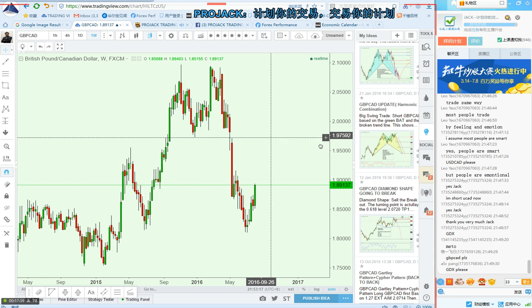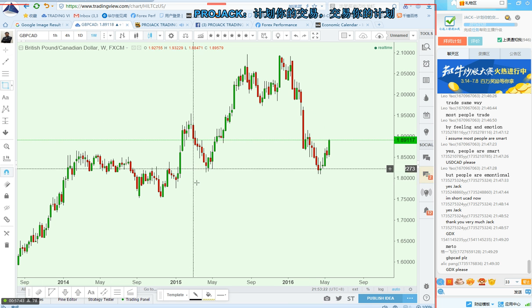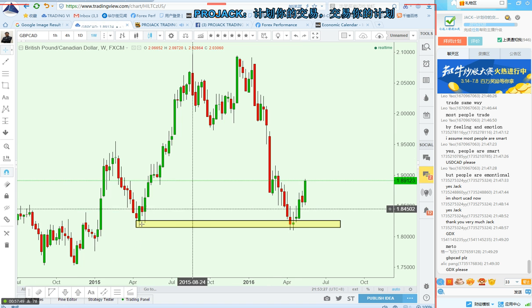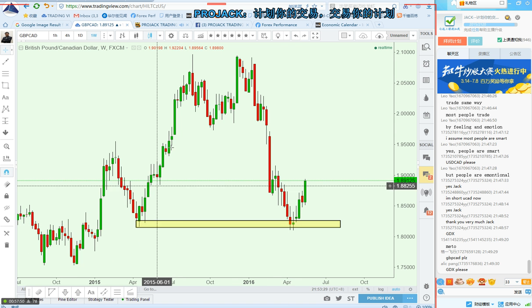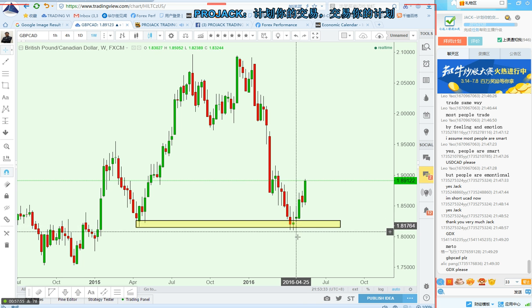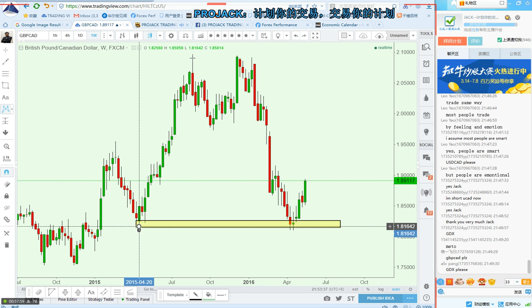On the weekly chart, definitely look at how the support is found here, guys. This is the previous low, the starting point of this bullish move. It comes back again, tests, did not break through, and goes back up. There's a bat pattern here.